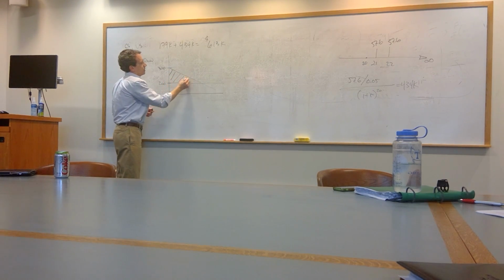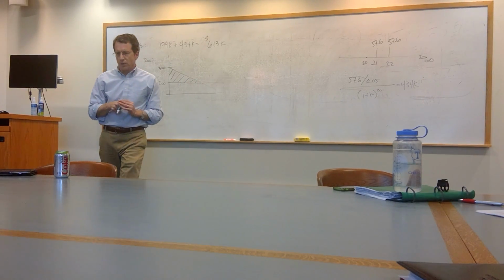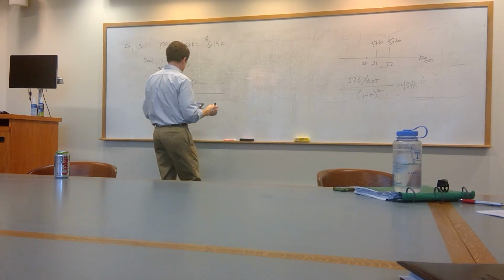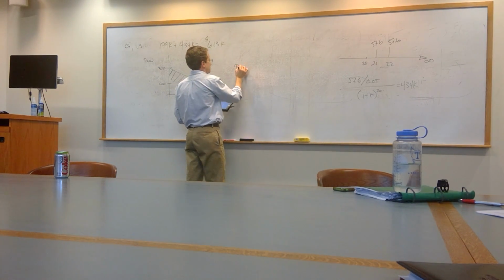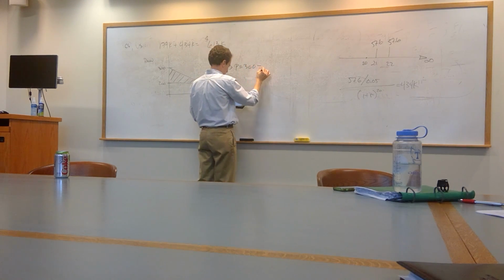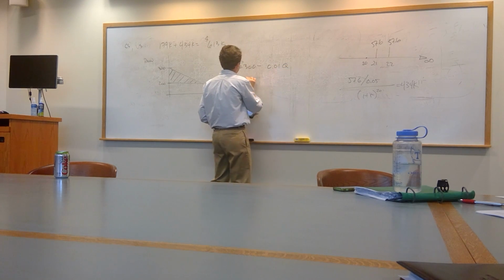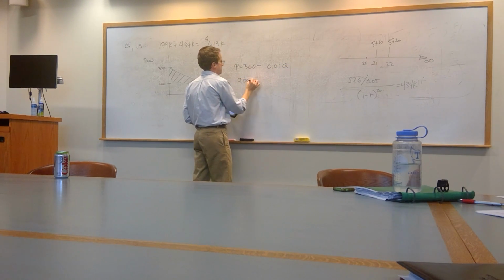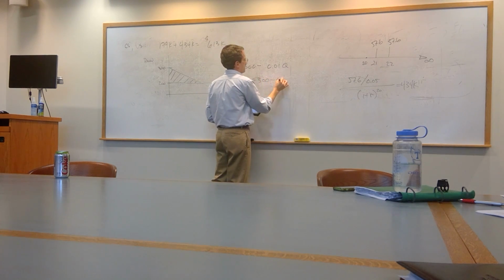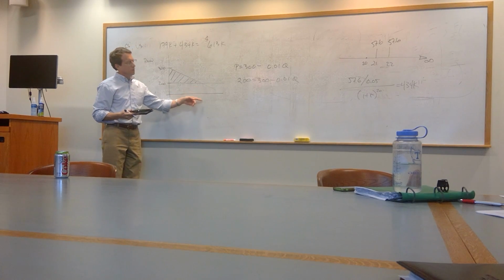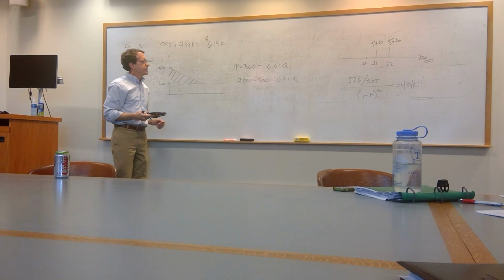Okay. So now we know what price we're going to charge. We don't know Q. But we can do the same thing that you guys did a lot earlier in the semester, and we just did a minute ago.